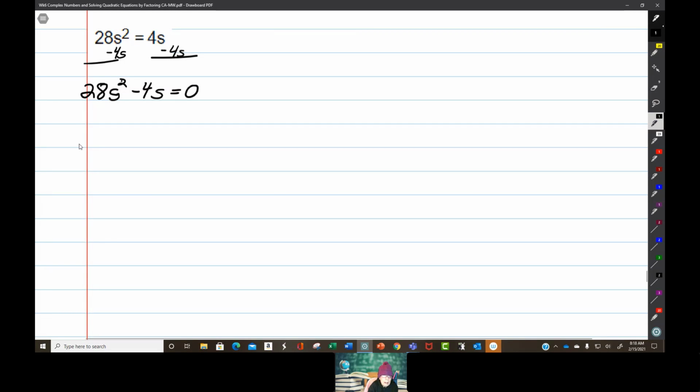Okay. Now, look at this. I'm going to get to factor by GCF. The first term contains a 4 times a 7 times an s times an s, minus 4 times s, and since this term also contains a 4s, I'll put a times 1 here.